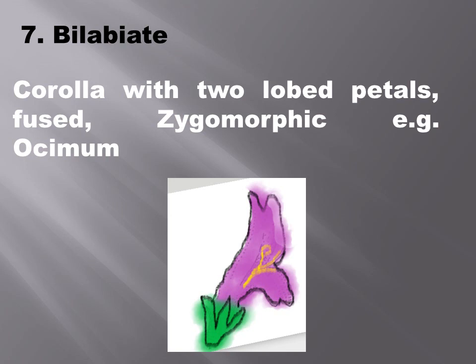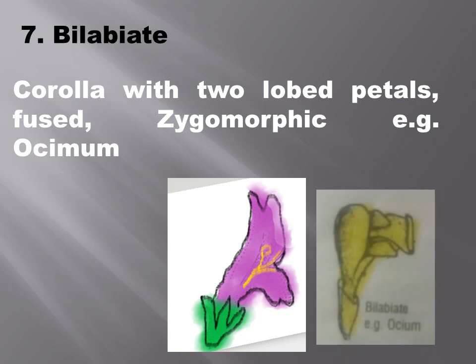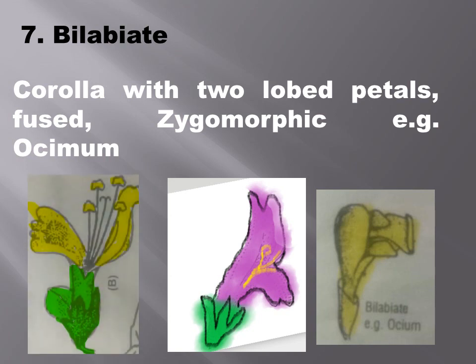For example, in the Ocimum flower, Ocimum basilicum, the bilabiate corolla is present, which is two-lobed, meaning every petal has a lobe in its curve, so these are bilobed petals. Here you can see the bilabiate corolla in Ocimum. So these are also the bilabiate corolla.